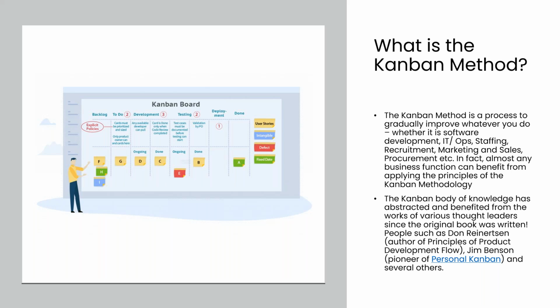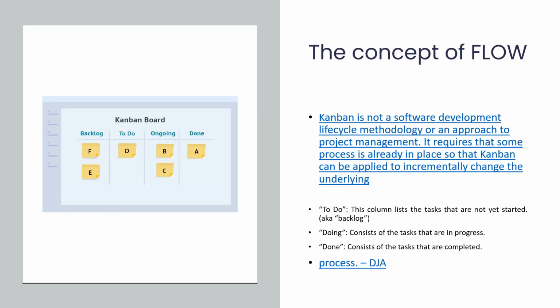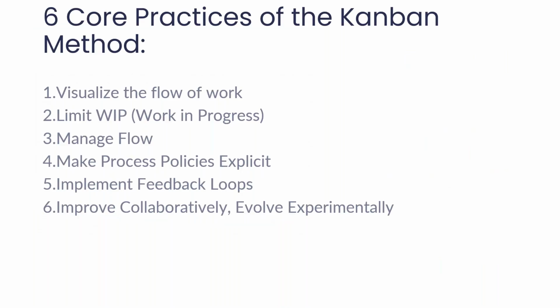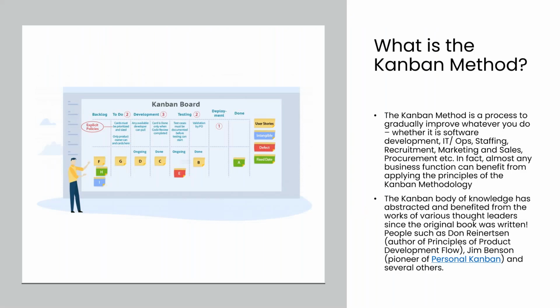nothing is in done. So start a few in progress, and after finishing, start something different. Limit your work in progress. Then manage flow. Manage flow means who is developing, who is testing, what is developed that can be tested, right?